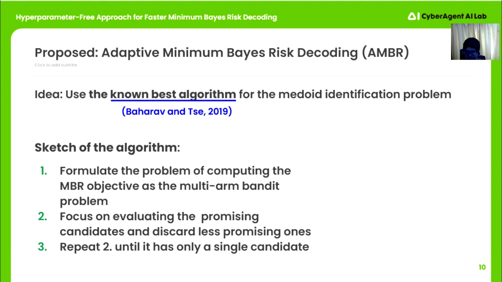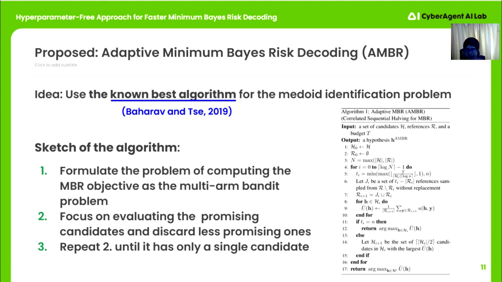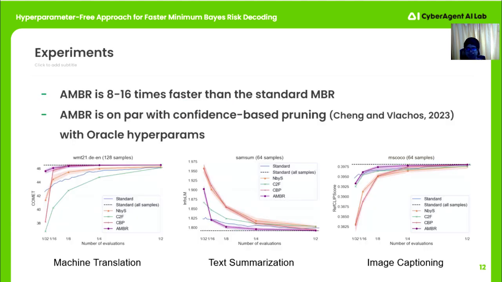We focus on evaluating the more promising candidates and discard less promising ones, and we repeat this process until only a single candidate remains. We have pseudocode here. Although the proof for this algorithm is complicated, the actual procedure is quite simple, so it's easy to implement by yourself.